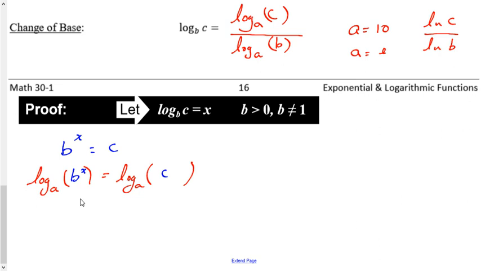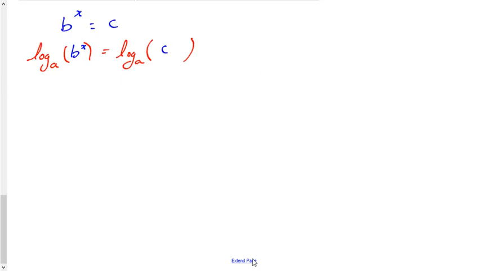Using the laws of logarithms, where I have b to the x, I can take that x from the exponent and multiply it out in front. So I'll have x times the log base a of b is equal to the log base a of c.